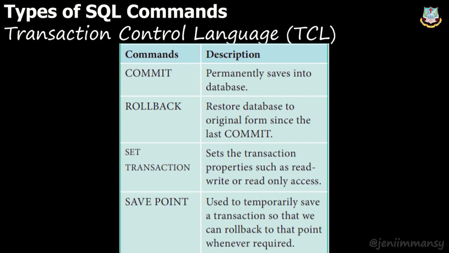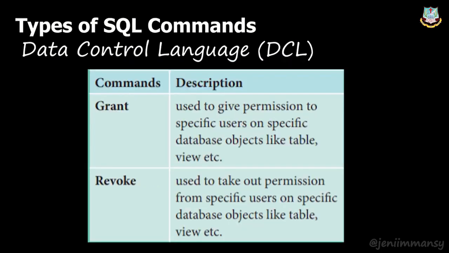Okay, and the next one, today's last topic, is data control language. The last one here in the types of SQL commands is DCL, data control language. In this we have two commands: grant and revoke.